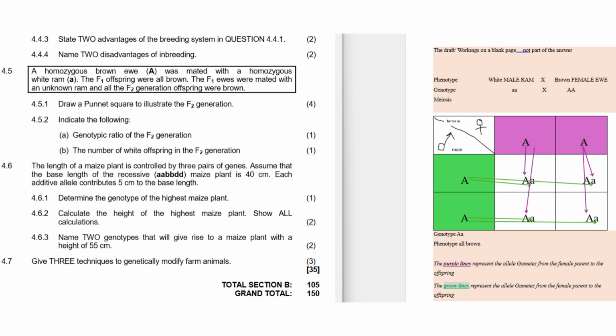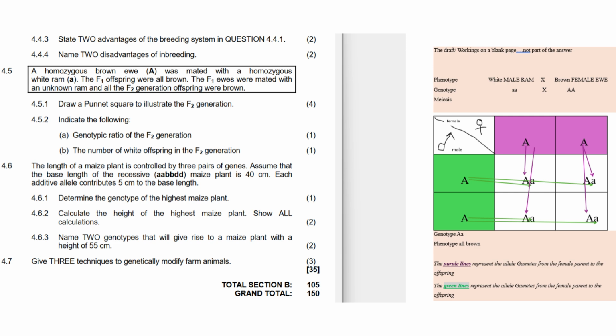So this tells us that the first filial generation was brown. Then they took those offspring, made them the parents, and mated them, and the second filial generation also produced all brown offspring. That means we are dealing with dominance.